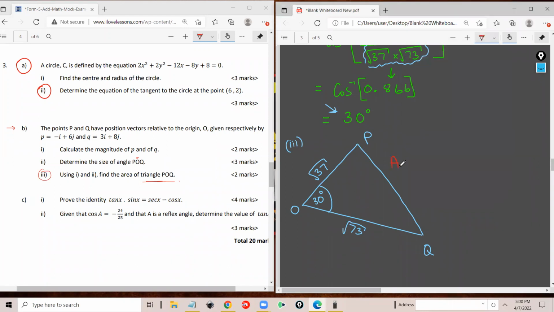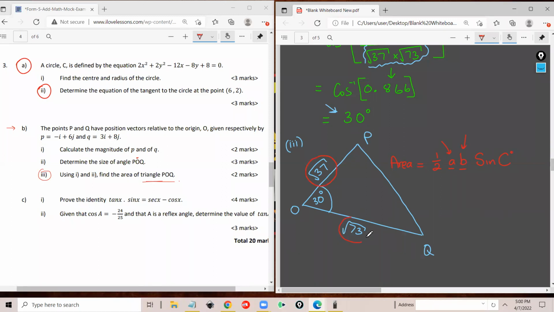The area of a triangle, you can also use this. A half AB sine capital C. You all remember that on the formula sheet, where A and B are the 2 given sides, the 2 given lengths of the triangle.